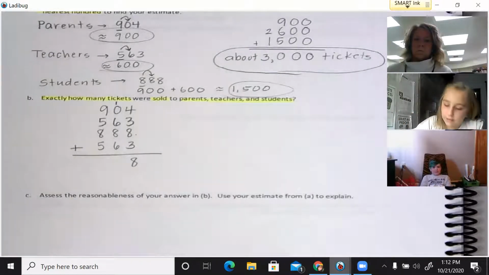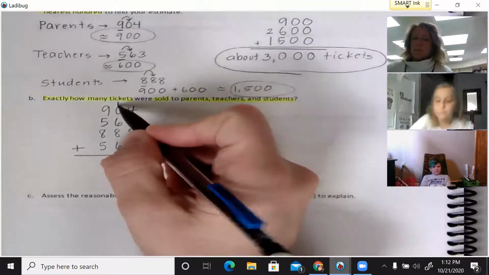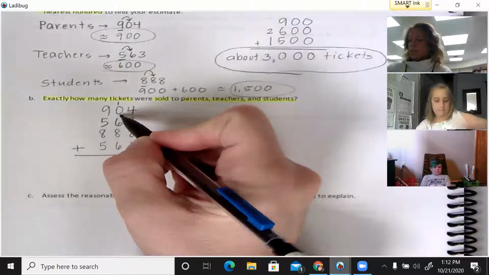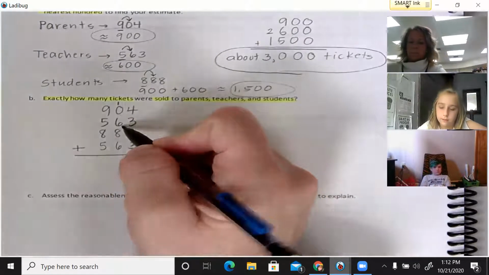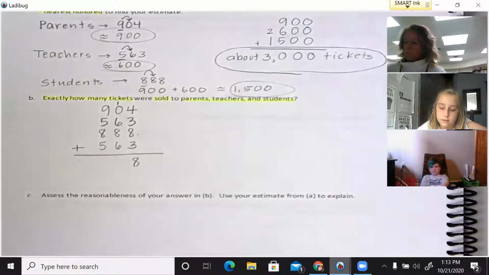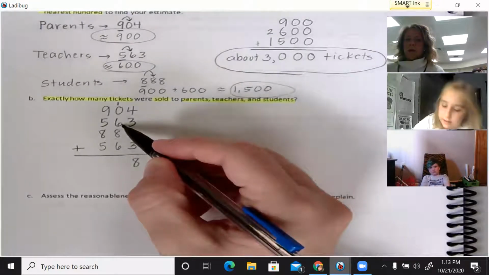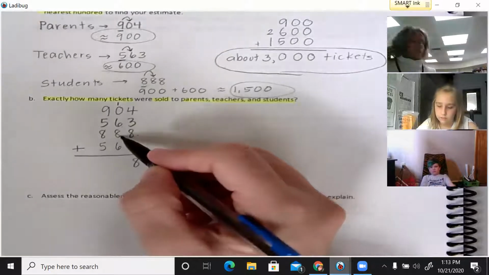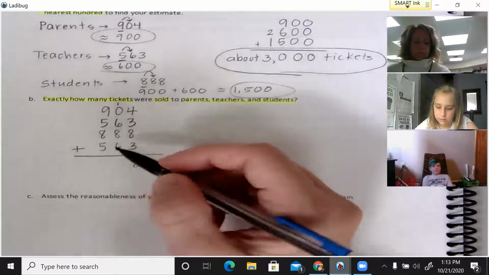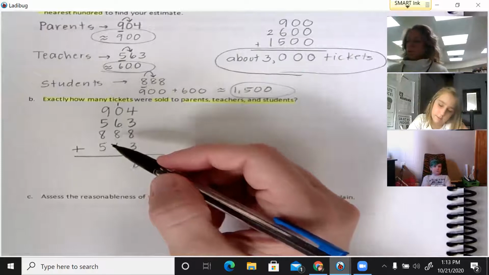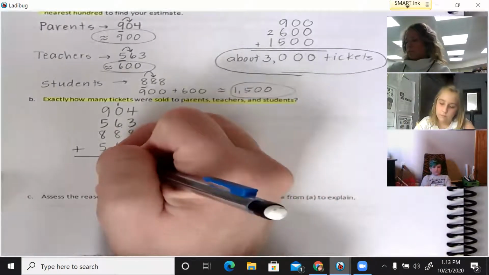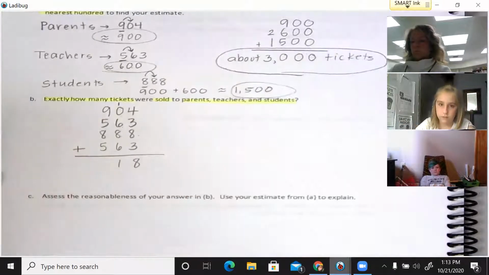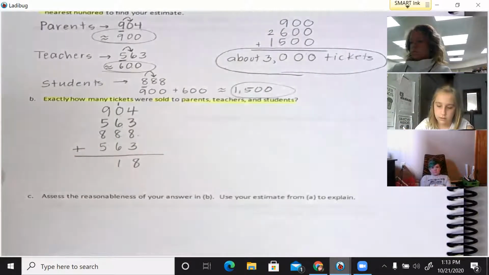Let's start with 1 plus 0. 1 plus 0 equals 1. Plus 1 plus 6 equals 7. 7 plus 8 equals 15. And then 15 plus 6 equals 21. So I'm going to put down the 1 and carry 2.